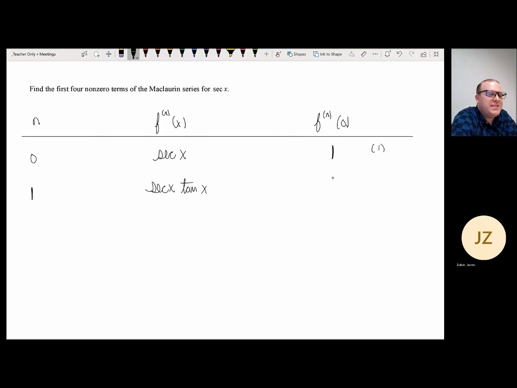I already know what secant of 0 is. What's tangent of 0? Zero. Oh, bummer, that doesn't count.